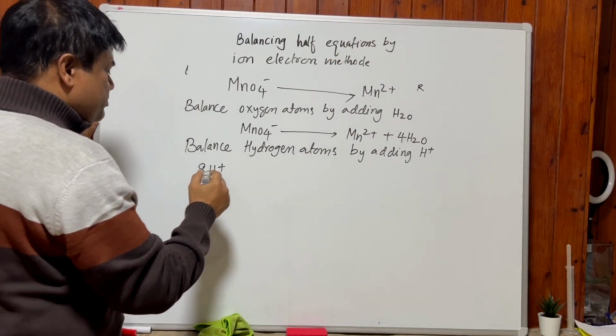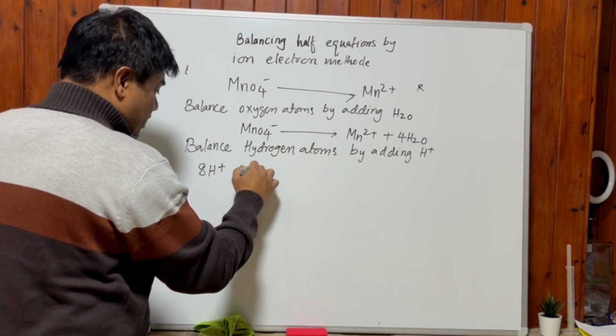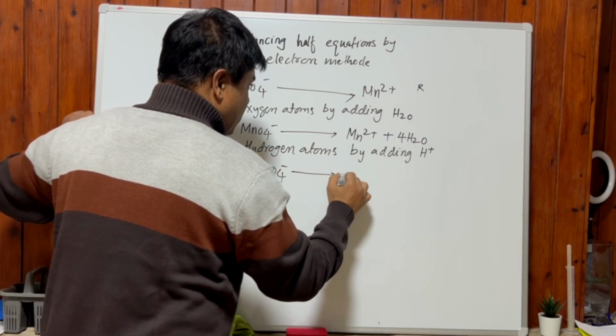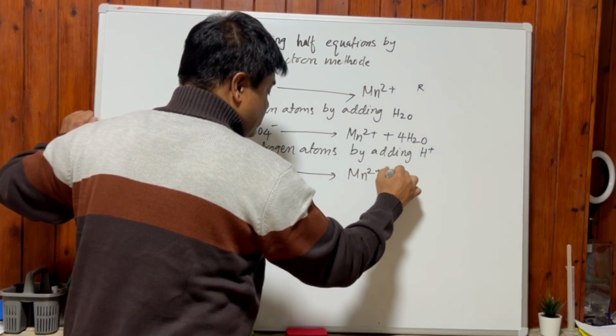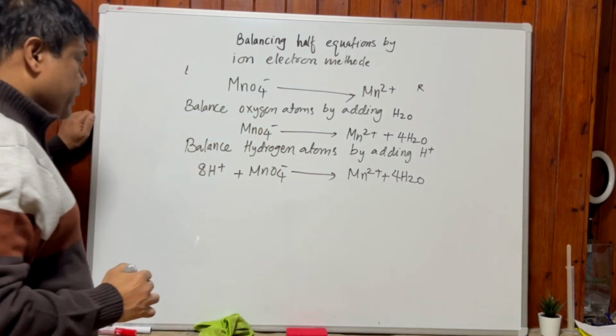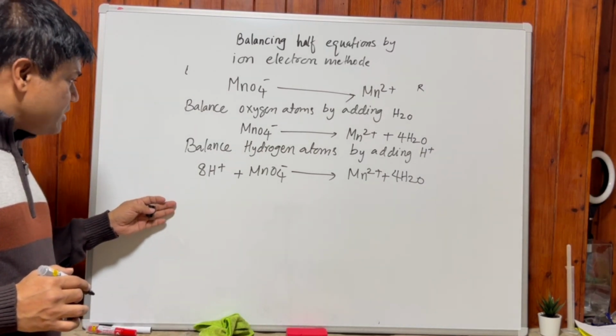So add 8H plus on the left side, plus MnO4 minus becomes Mn2 plus plus 4H2O. Okay. Now, the final part is balance the charges.